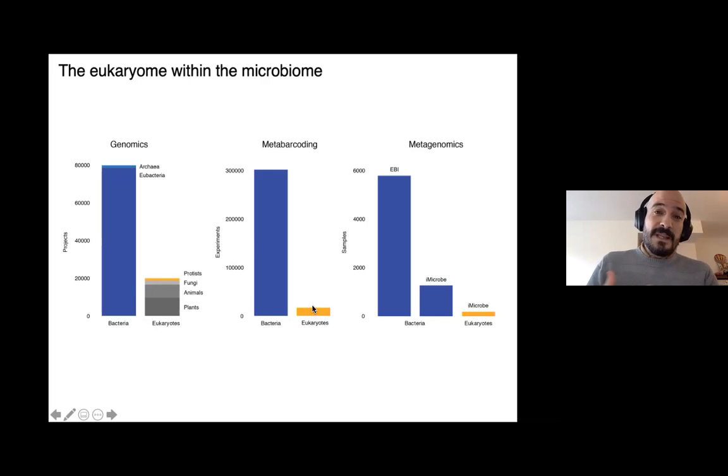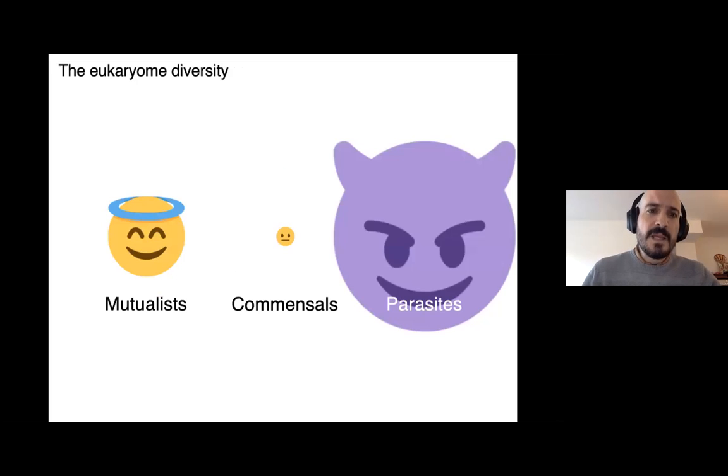So essentially, we are just starting to explore the diversity of eukaryotes, not only in host-associated environments, but also in free-living environments using molecular tools, if we compare ourselves with scientists working on bacterial diversity. So that's why for microeukaryotes, the framework is still this.